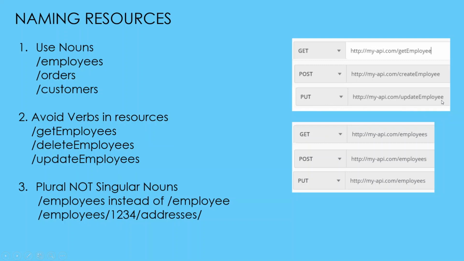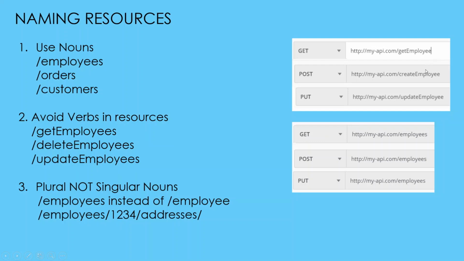So there are two problems over here. First, it is redundant because the resource says get employee, but it already has an action called get, and for any HTTP request the action is compulsory. So having a get employee again makes it redundant.